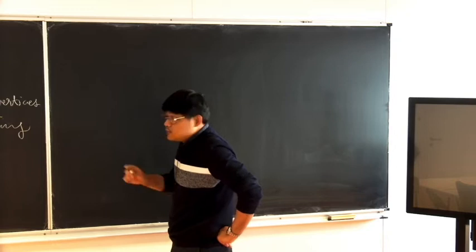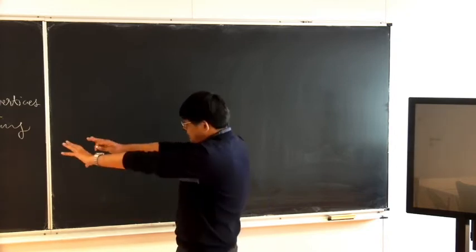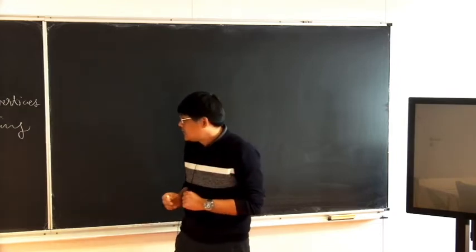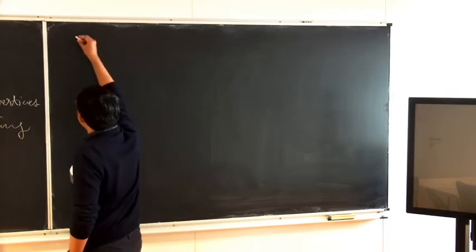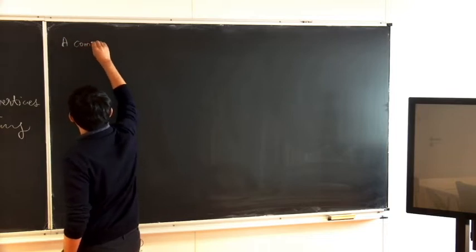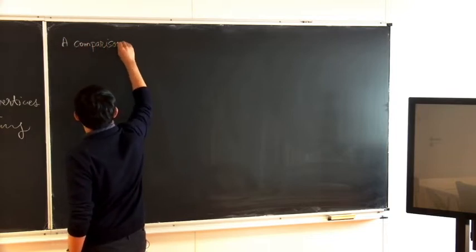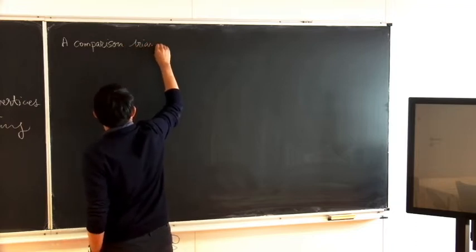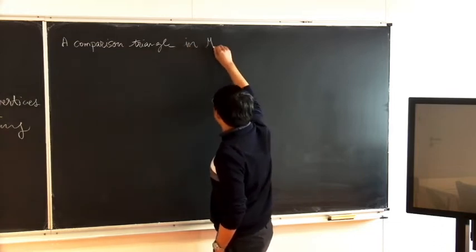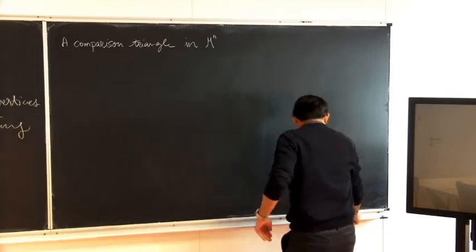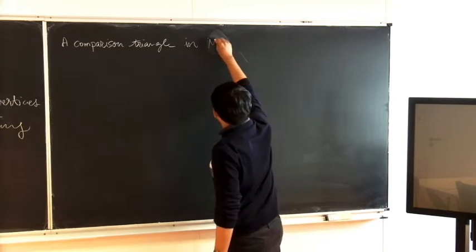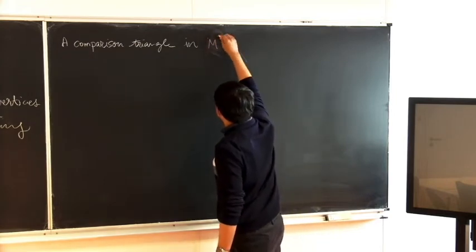Now, we move to the model space. We have the triangle now. We want to construct another triangle in the model space. So, a comparison triangle in the model space M^2_kappa.